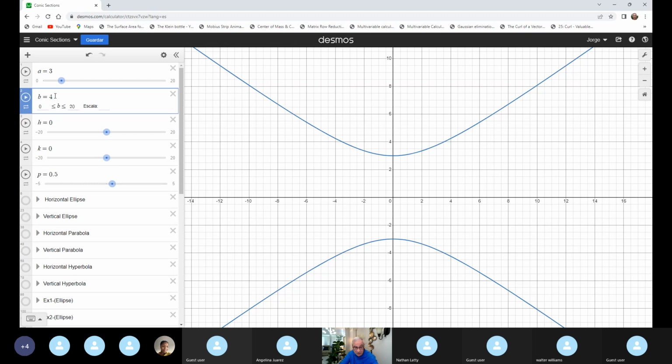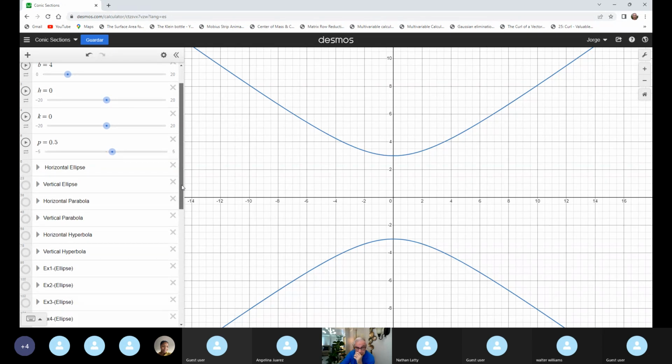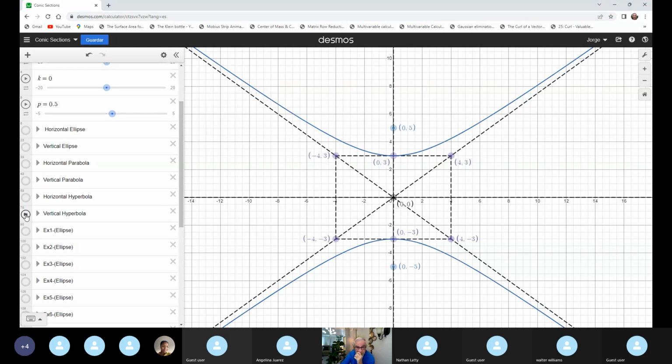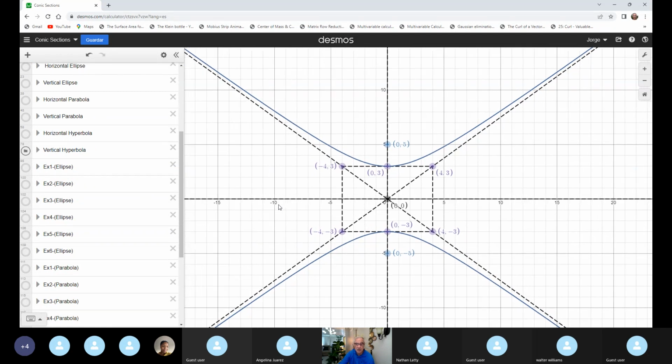You don't care about C, because the equation behind this script computes C automatically and plots the foci. And you classify it as a vertical hyperbola. Bang! Look at that. This is my hyperbola.